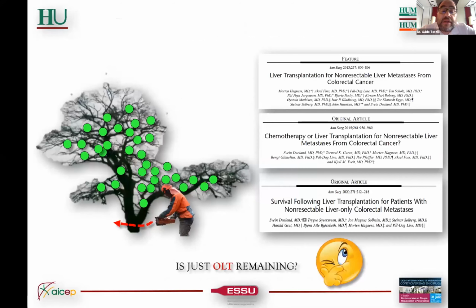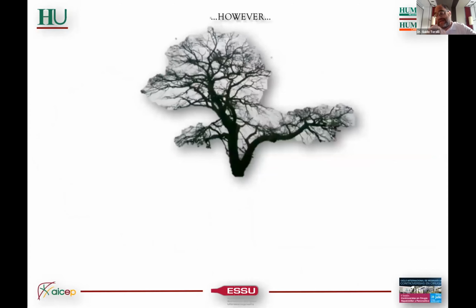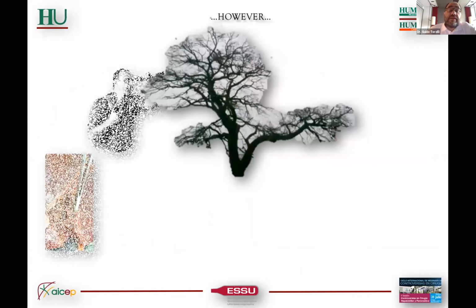Of course, someone can say that if it is responsive to the chemo, and given the good results of transplant, and the disease is liver only, probably orthotopic liver transplant could be a solution in the future. Anyhow, at the present time, we may say that possibly there is a solution.